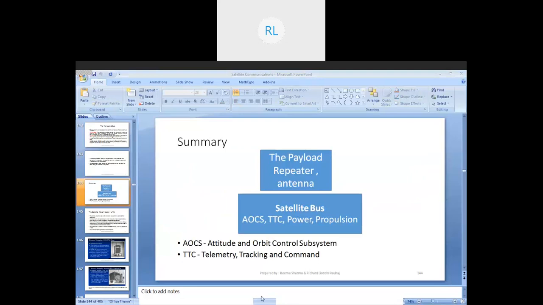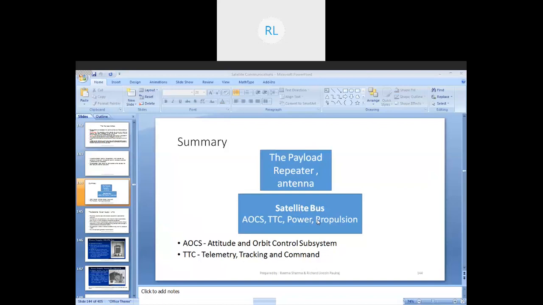Now just take a look at this diagram, which is going to tell you how we are designing the satellite. At the upper section, we have the payload, repeater, and the antenna, and at the lower section we have the satellite bus.